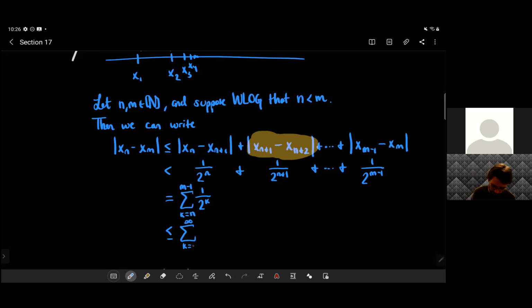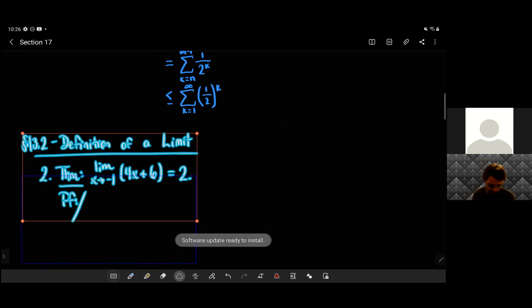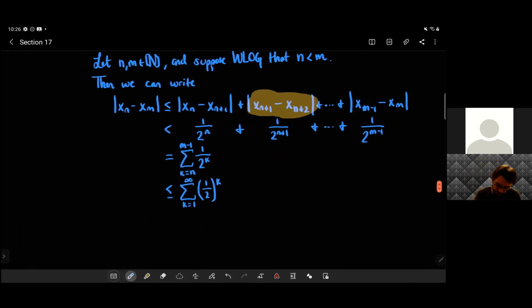No, yeah, 1 is fine. If I start at 1 here, this is 1/2 to the k, then what do I get? Let me scoot this down. Well, that geometric series has an exact value that actually equals 1.